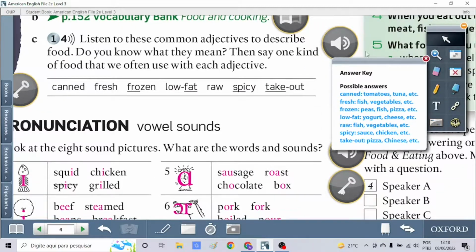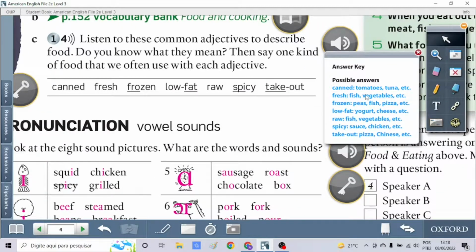Okay, canned, we can use tomatoes, tuna, canned tomatoes, canned tuna. Fresh, we can use for fish, fresh vegetables.